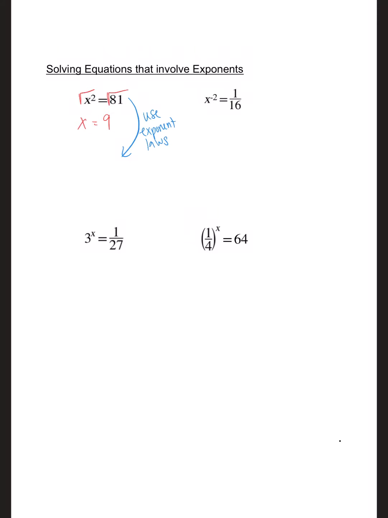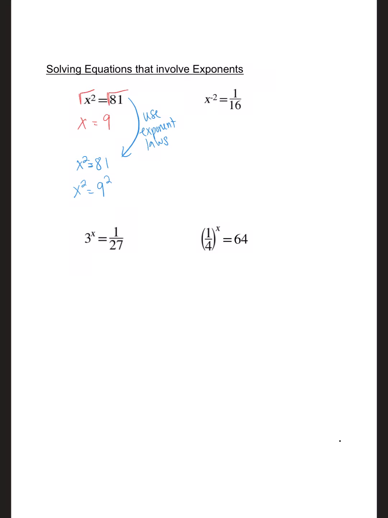So what I mean by that is if we can get our base to be the same, then we can infer what x is going to equal. So if we have x squared equals 81, I have to think about how I can write 81 so that it has an exponent of 2. What could I make the base so that it has an exponent of 2? Well, if I think about the square root of 81, I know 9 squared equals 81. So I could put that on the right side of my equation instead. So now I could say x squared equals 9 squared.